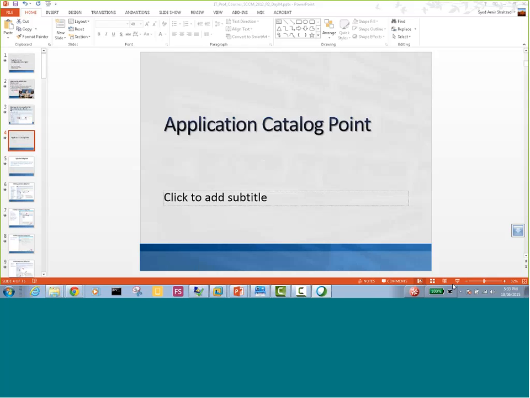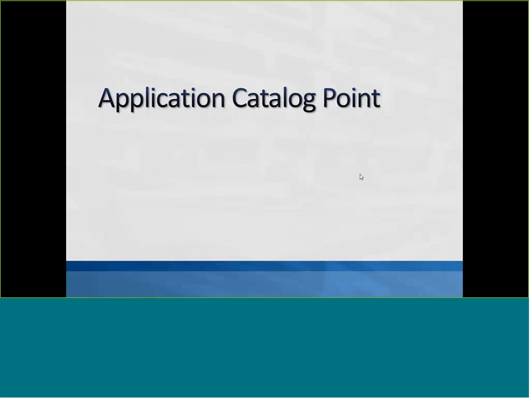If I just start my slides: application catalog point. I hope everyone's machines are ready. This is a small application, a system role, just like the other roles we have in 2012 R2. We already have the management point role and the distribution point role.